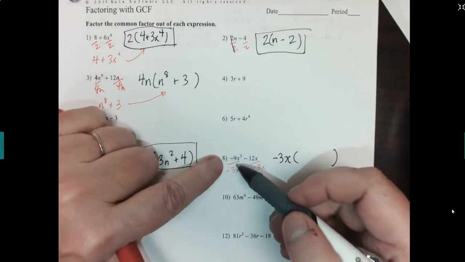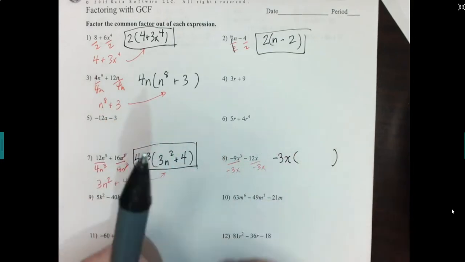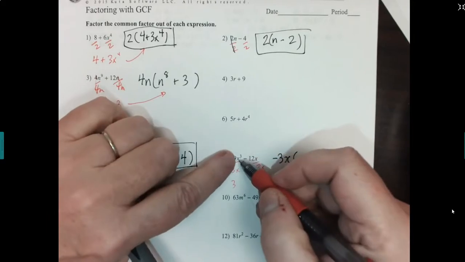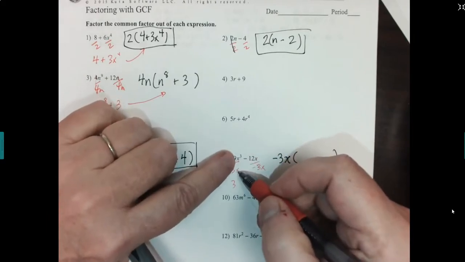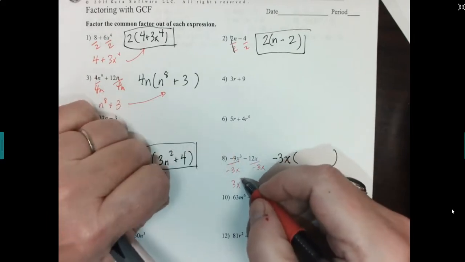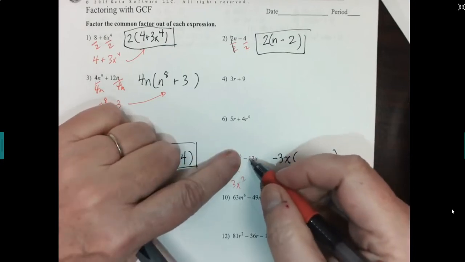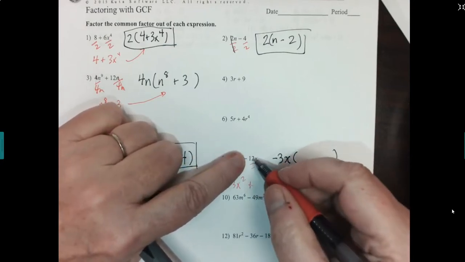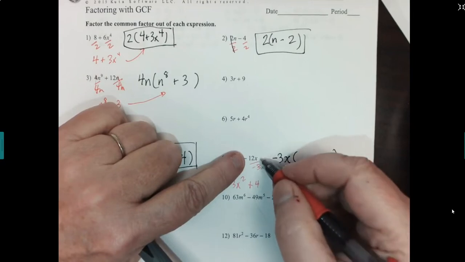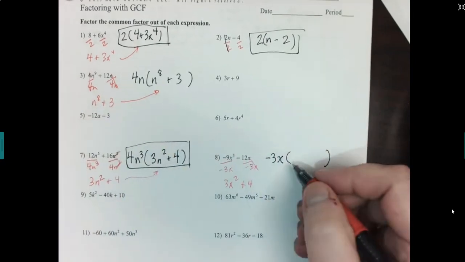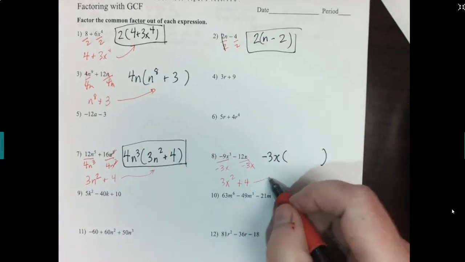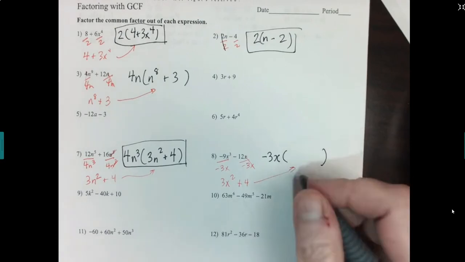So the negative signs cancel, and 9 divided by 3, you have 3. And then x cubed, take away x, you'll have x squared. The negative signs cancel, and 12 divided by 3 is 4, and your x's cancel there. And so that's going to be what goes in here.